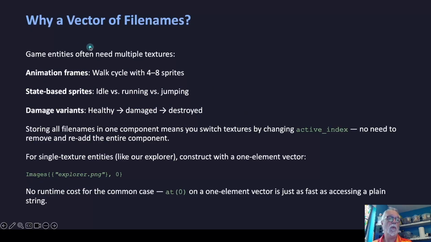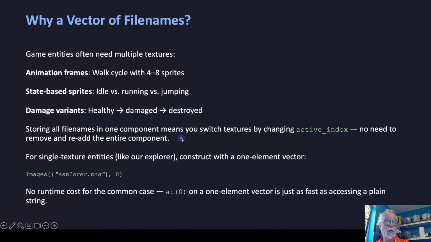So why a vector of file names? You'll need multiple textures. You might be animating your frames, so you might want to have a walk cycle. You might want to have a sprite that looks like it's idling versus jumping. You might have a wall that you're breaking, and so there might be components on that wall where it's healthy, it's damaged, it's destroyed.